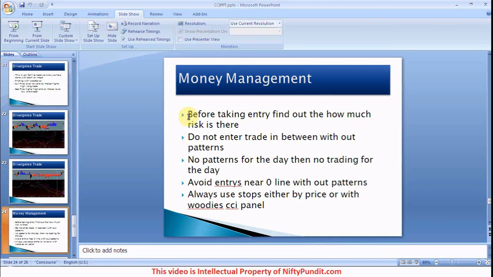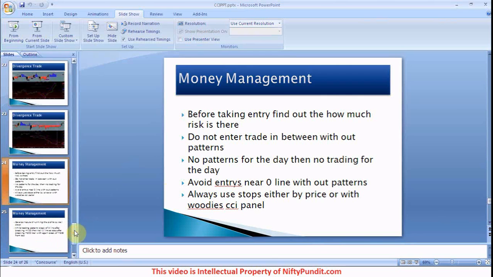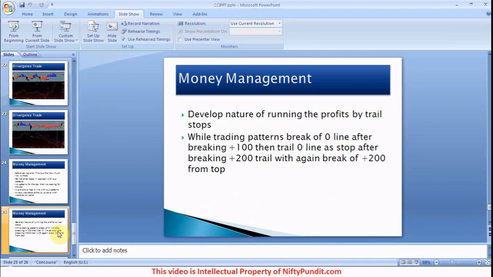Whenever you are entering a trade, you have to use a stop loss. That alone saves the money. You can use stops on the CCI panel itself rather than on price. Develop a nature of running the profits by trailing.